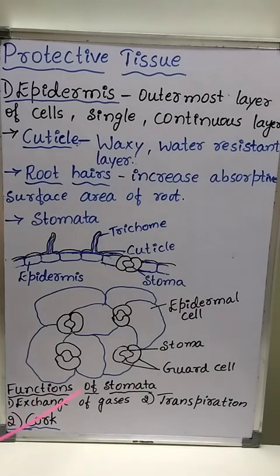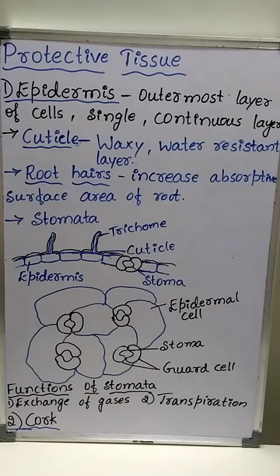The important functions of stomata. Stomata perform mainly two functions. One is exchange of gases. The plant requires carbon dioxide for photosynthesis, and it releases oxygen which is produced during photosynthesis.